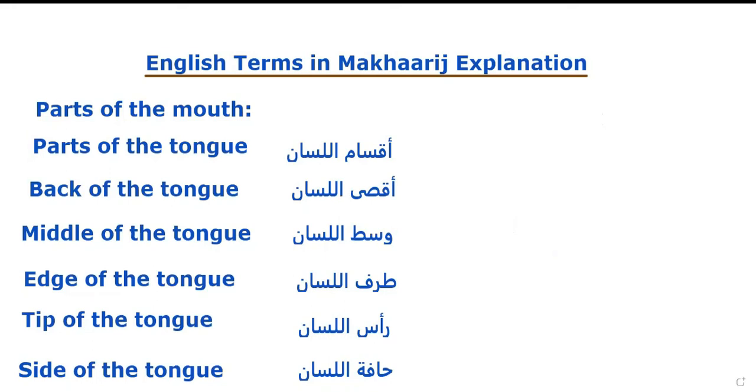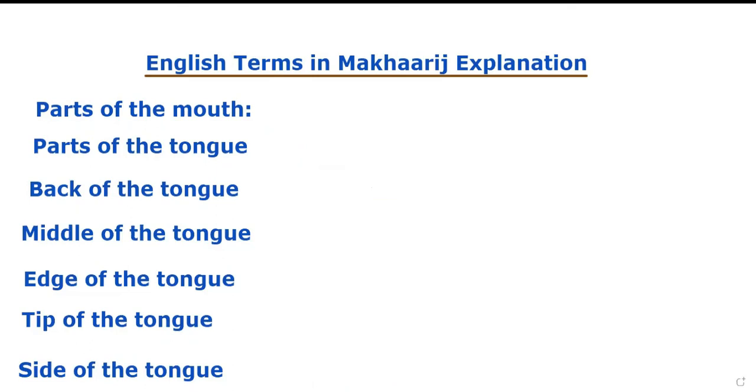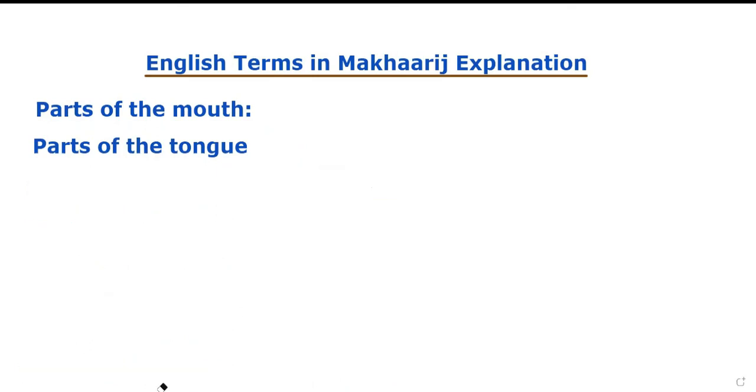Next, we got the parts of the roof of the mouth or upper palate. Now we can just say palate. We can skip upper. Palate is the place where the tongue touches when you pronounce anything. So the roof of the mouth, the thing that is on the top, we call it al-hanakul a'la.